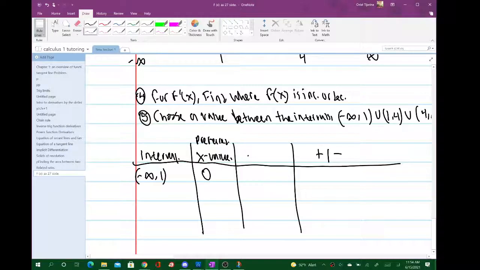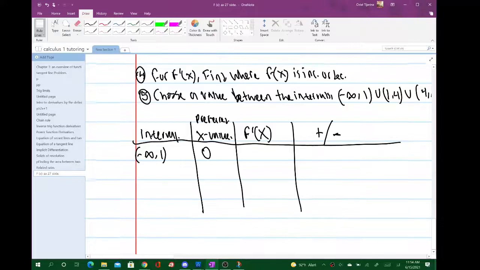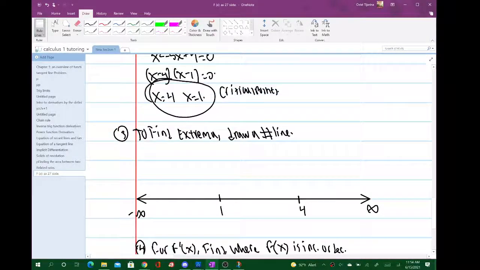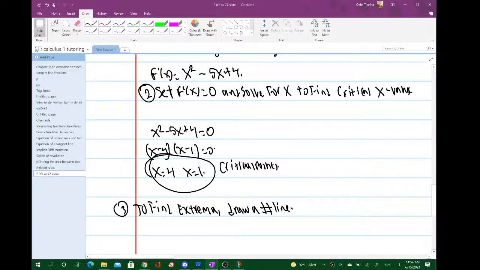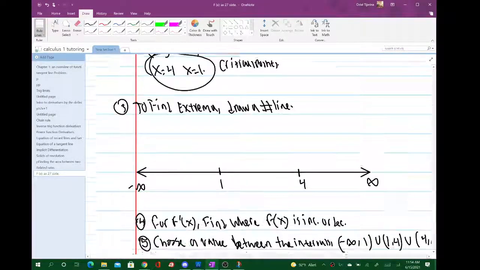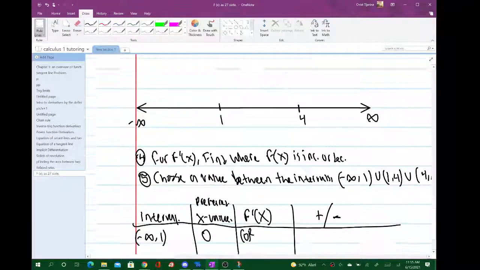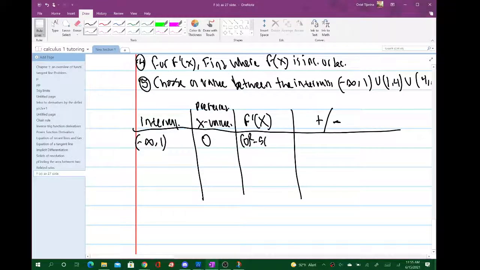Now I can do the evaluation, so f prime of x, and I can state whether it's positive or negative. So f prime of x for this is going to be 0 squared minus 5 times 0 plus 4.